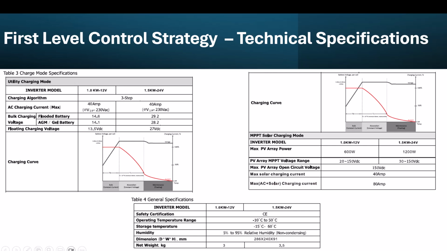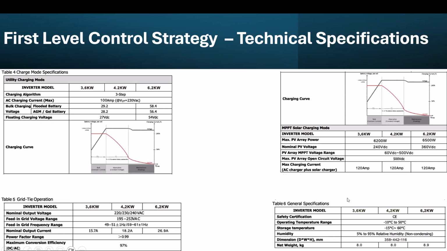This is similar to the other ones you see. For this type of inverter, you have the range 60 to 500 volts DC, with 500 volts as your maximum. But it also gives you your nominal PV voltage.